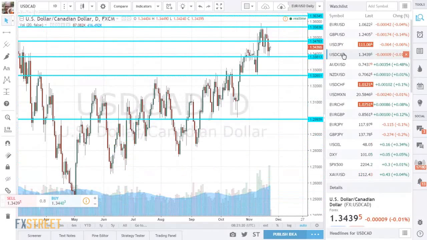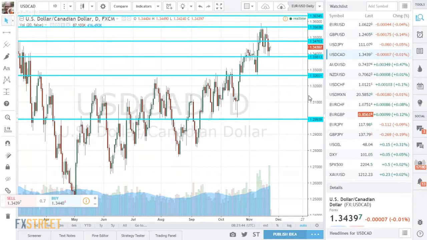Dollar CAD is currently at 134.40. It's caught between the dollar strength on one hand, the Canadian dollar weakness from domestic data, and oil prices on the other hand. If it weren't for oil prices, we would have seen the Canadian dollar weaken a lot more. That means dollar CAD pushing much higher.